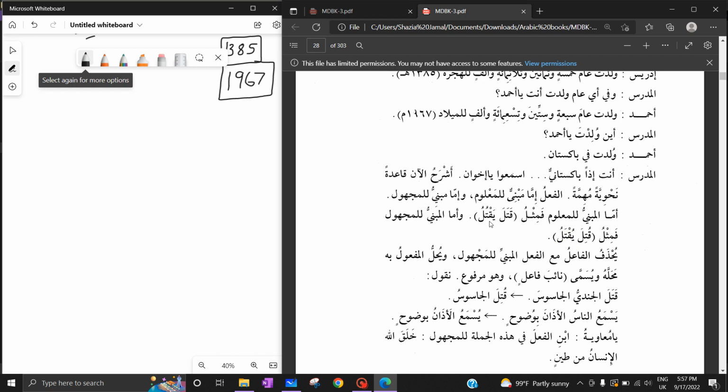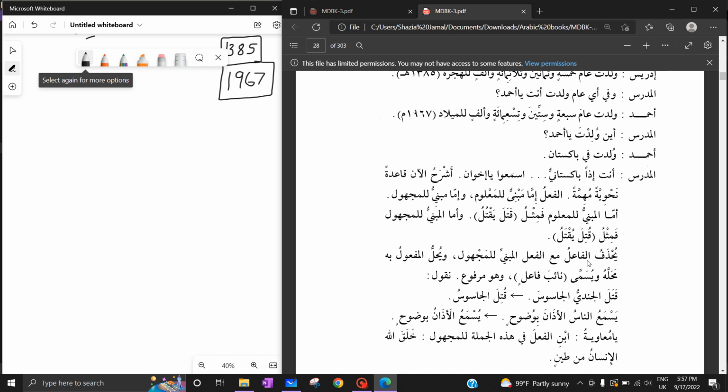Yuqtalu. Here in active voice or ma'loom case, it's yaqtulu. The first harf, ya, has a fatha, and the third letter has a dhamma. What happens in majhul? We know the rule to change the present tense in majhul is that the first harf gets a dhamma, and the second last letter will always have a fatha. So here the dhamma is changed into fatha.